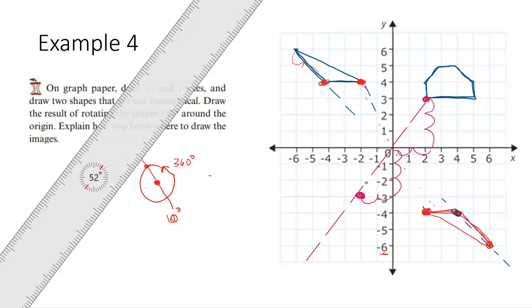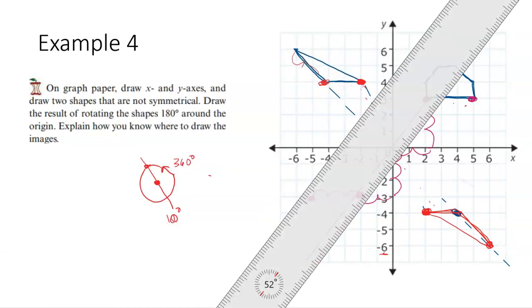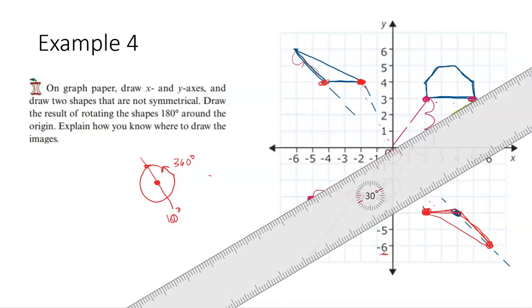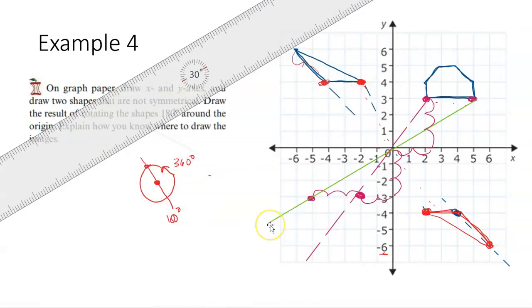Okay, and then this point here, 180 degrees. And again, you might be saying, I know it's going to be 1, 2, 3 away. 1, 2, 3. It should be right there. Let's see if it turns out that way. It should. We're going to go 180 degrees. That's that line right there.